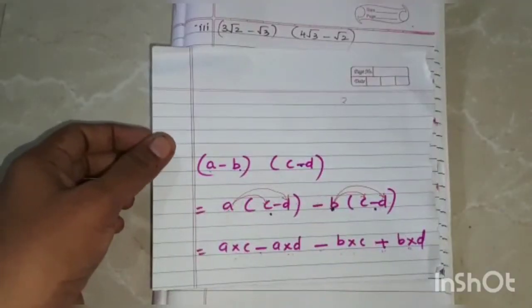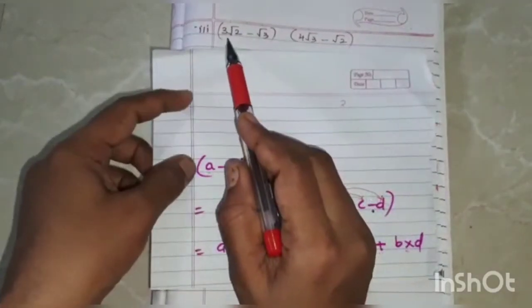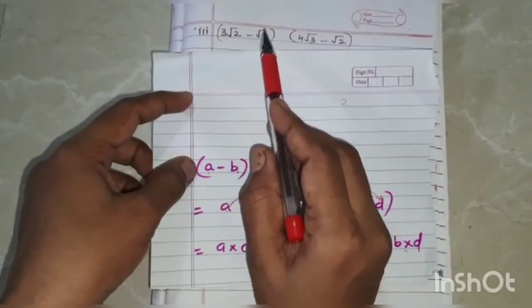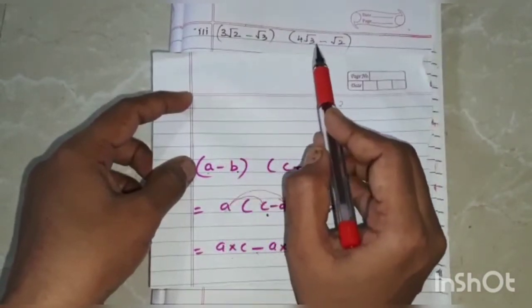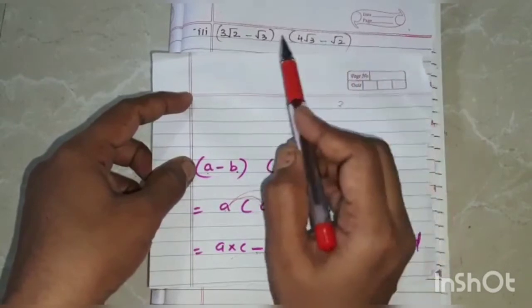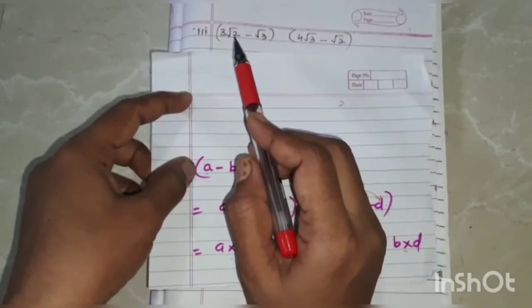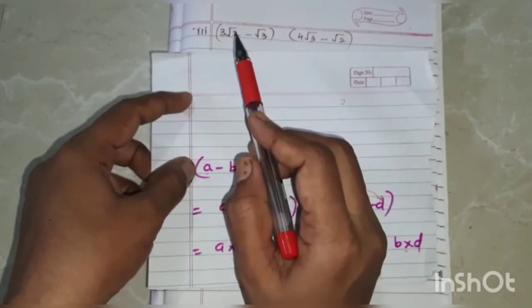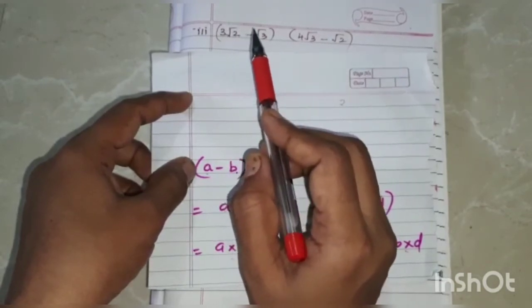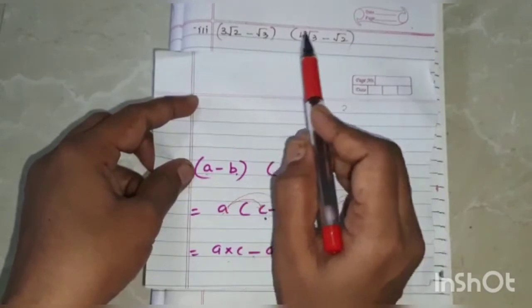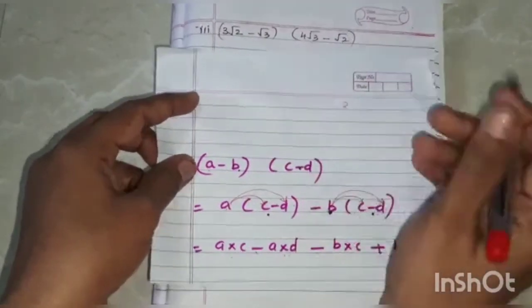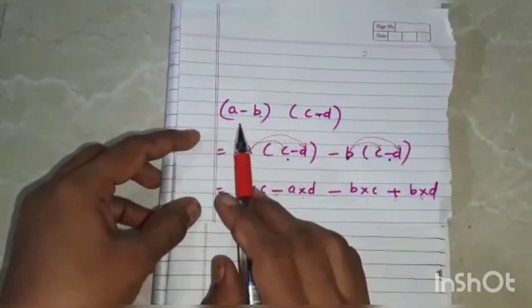Now children, our third sub question is bracket 3 root 2 minus root 3 bracket, then bracket 4 root 3 minus root 2. That means we have to multiply these two terms which are in the brackets. These are binomial quadratic surds given in the brackets, so we need to multiply them. We will follow this method, children.